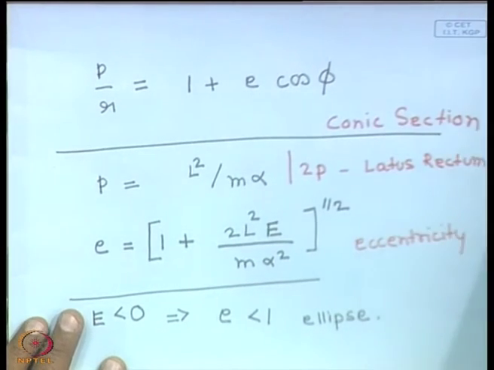So, for eccentricities which are less than 1, we have an ellipse, and so the energy is negative. Let me connect up with what we had discussed in the last class.